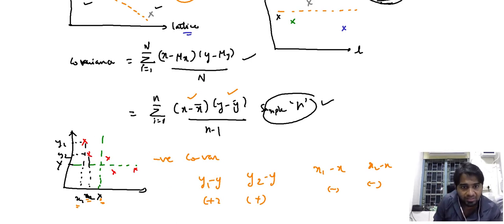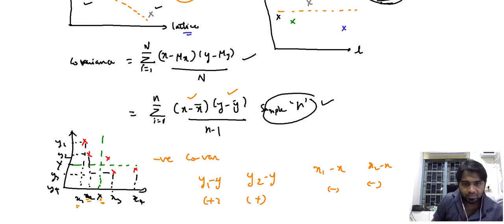Now when I consider this quadrant here, for these two points, what I have is x3 and x4, and similarly y3 and y4.